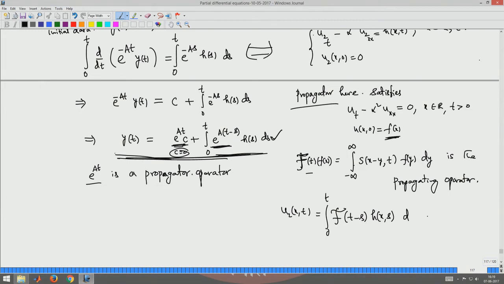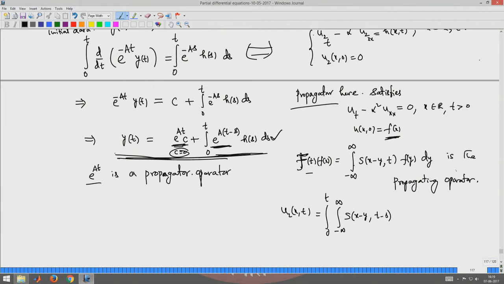The variable you are integrating, okay. So, instead of this let me write it completely here. So, what is this F? If you see e power a into t minus s, that is actually the integral from minus infinity to infinity of S(x minus y, and in the place of t I have t minus s).